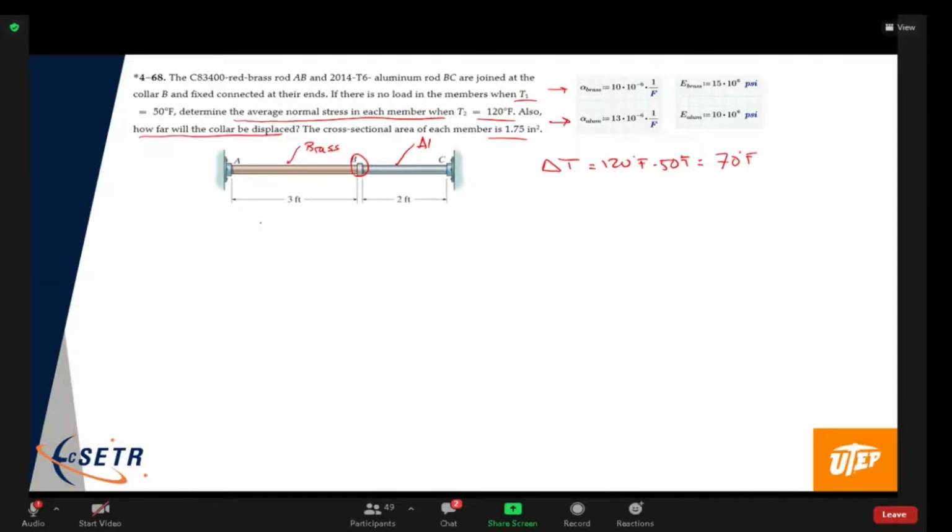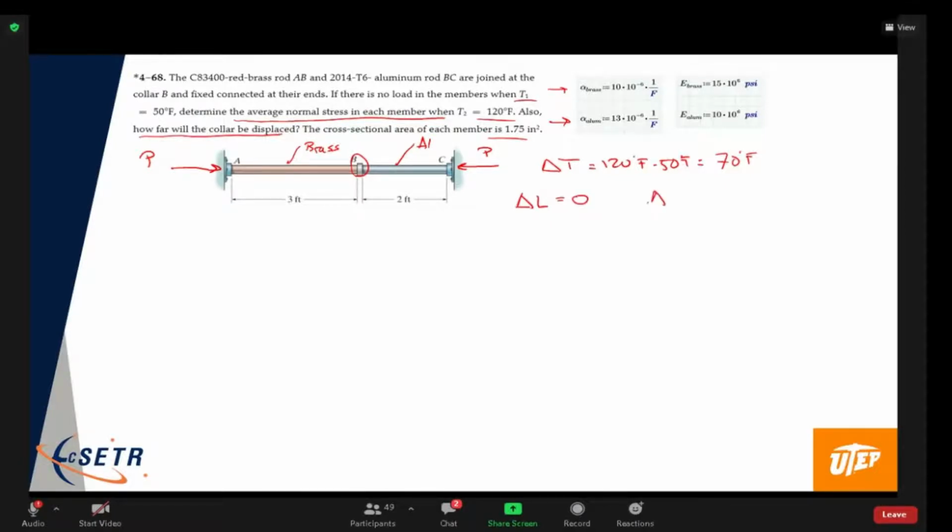So that's going to give us that mechanical strain, right? So we need to find the compressive forces here. I'll call them P, right? That are going to make the actual change in length, the measured change in length, equal to 0.